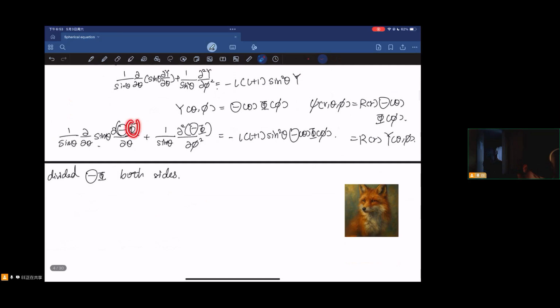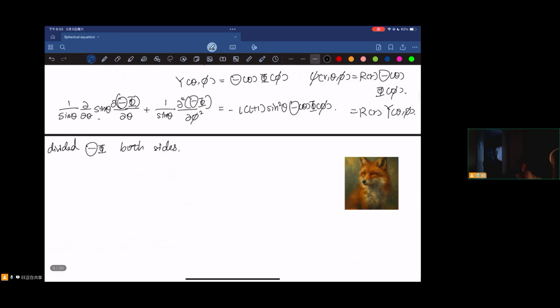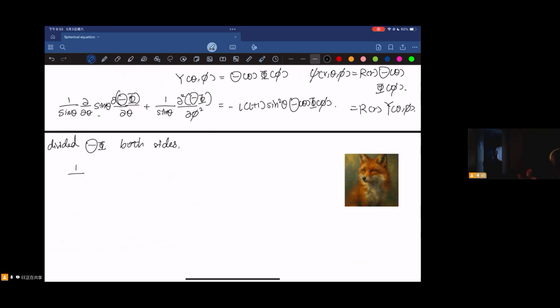So I move this out. And also here, I can move the big theta out because the big theta is not related to the phi. Okay, so after I move it out, I'll have this.